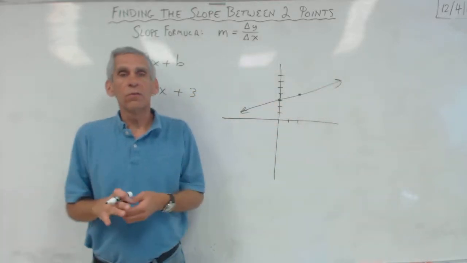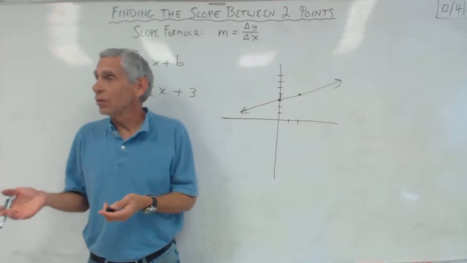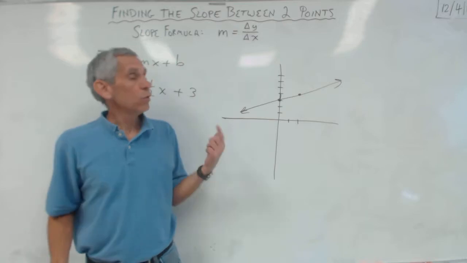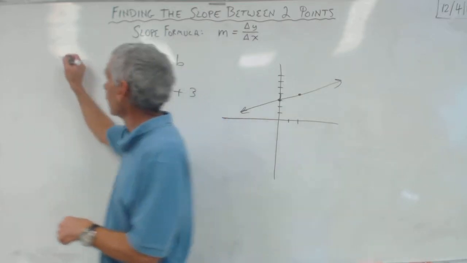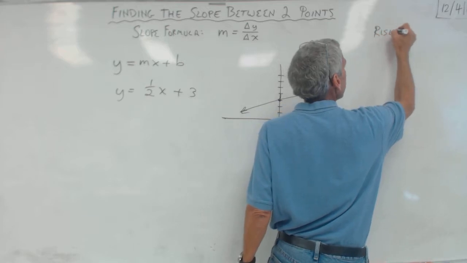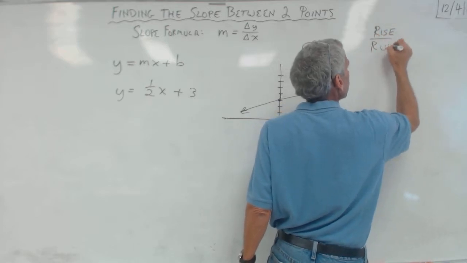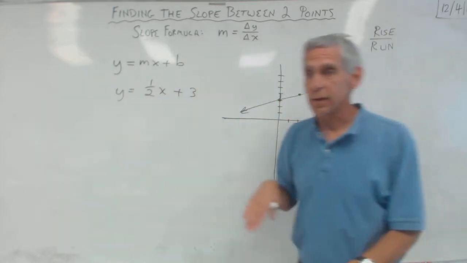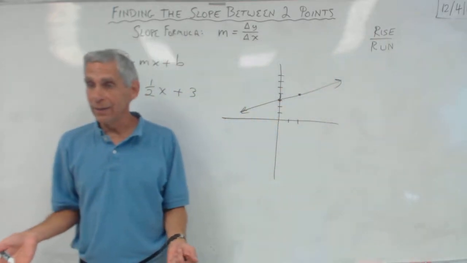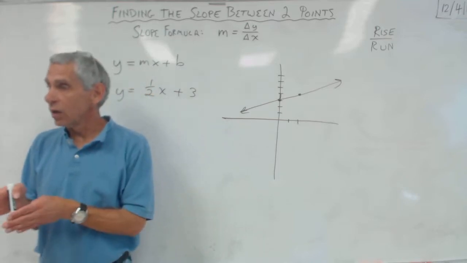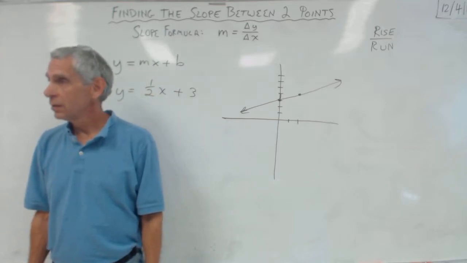Like when you think about a ski slope, how would you determine the slope of a ski slope? Well, you have to use this concept of rise over run. There's no other way to describe a slope. You rise this much and you run this much, right? A green, isn't green the easy one?